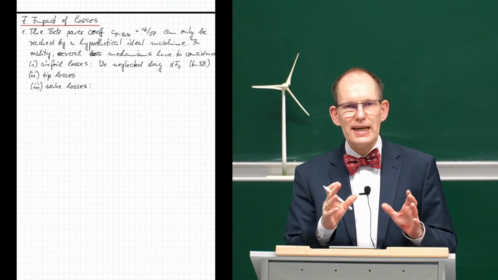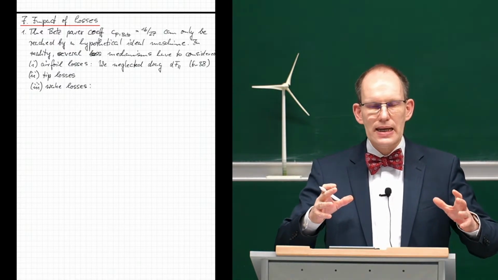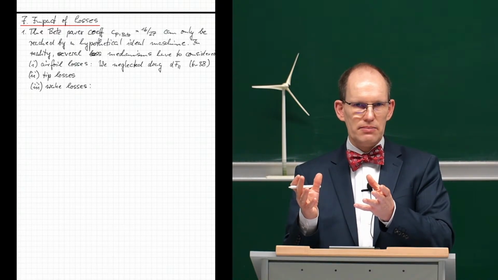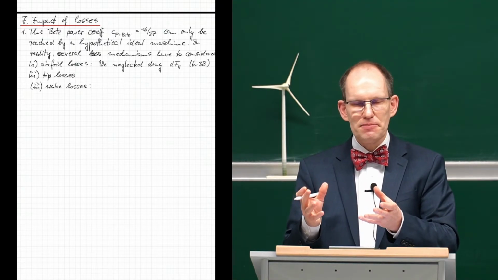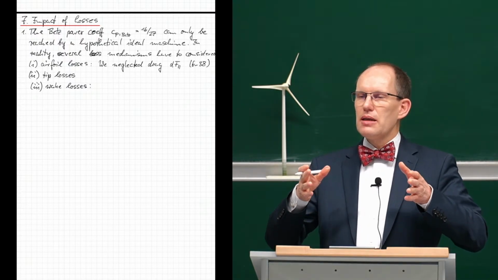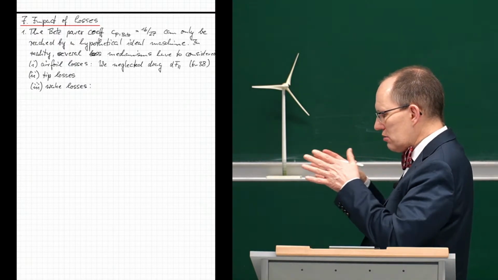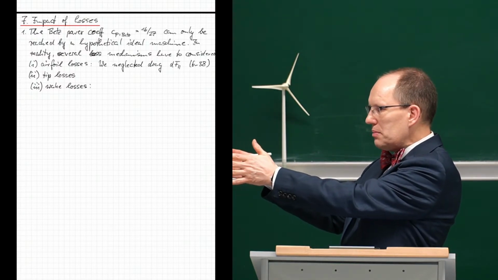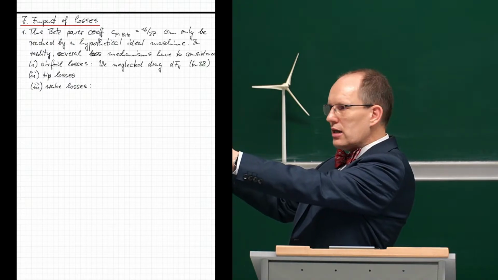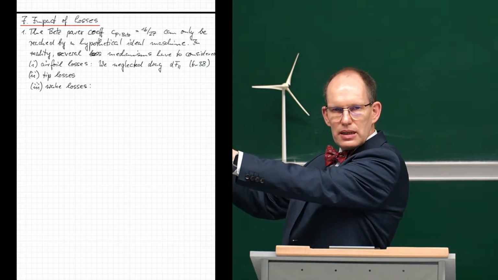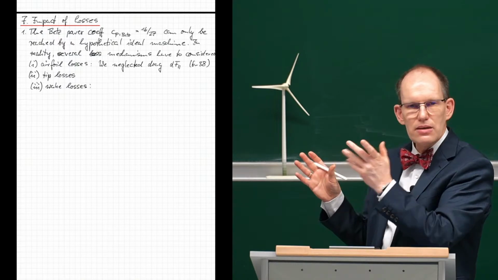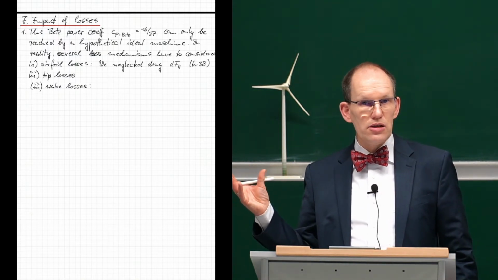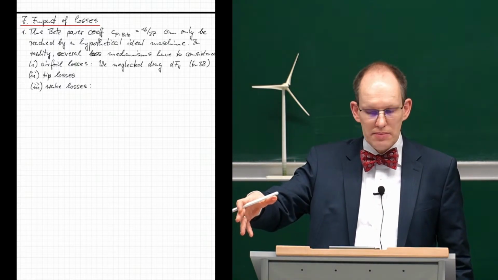So what we said is that what a windmill does is that it decelerates the air that streams through the rotor plane. And what we assumed was pretty much that the air streams through the rotor plane and keeps its direction. Well, this can't be quite right because we saw that it needs more space because it gets slower. But this is not the only thing. What we also saw was that the air, of course, exerts force on the blades.